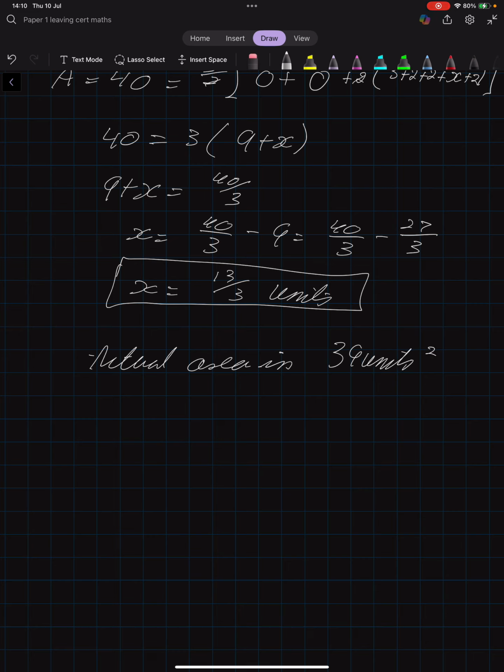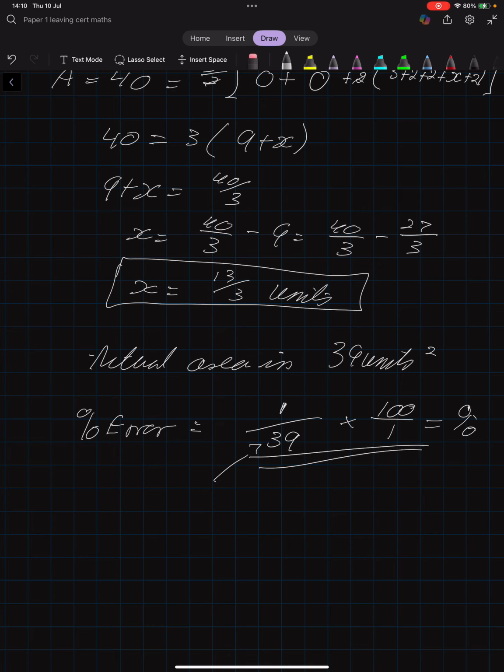So your percentage error in this case is always the error, which is 1, divided by the actual, which is 39, and then you multiply that by 100 over 1 to make it a percentage. Okay, so that's how you do that, where 39 is the actual value.